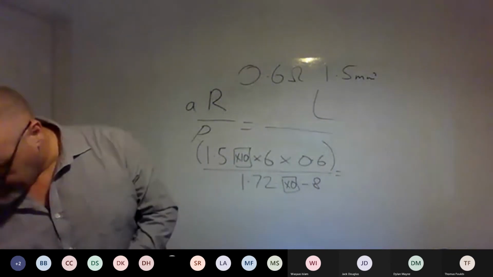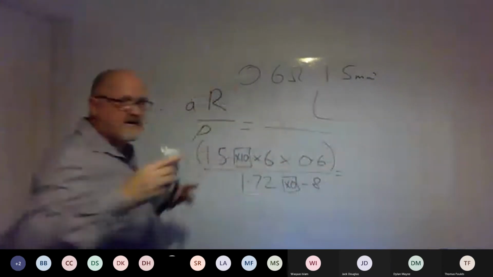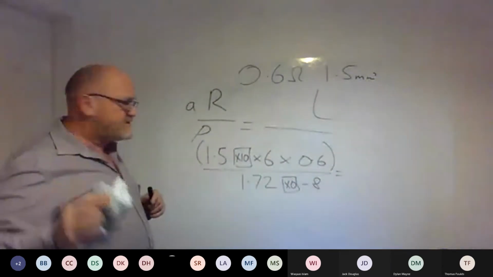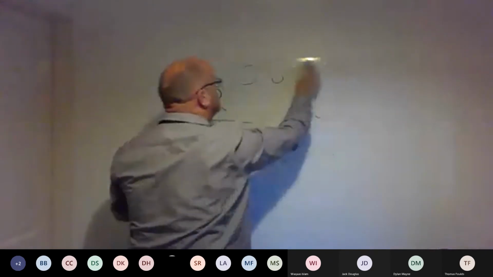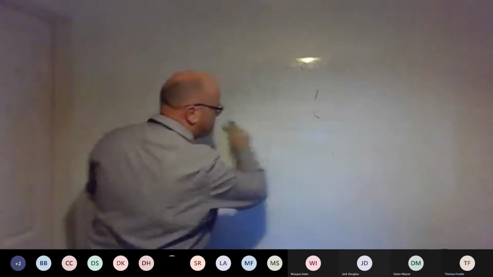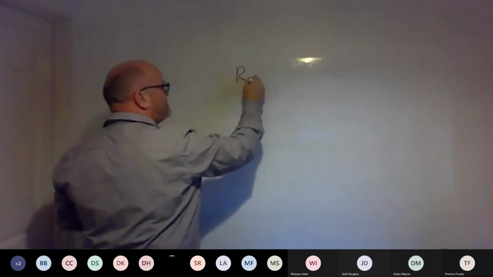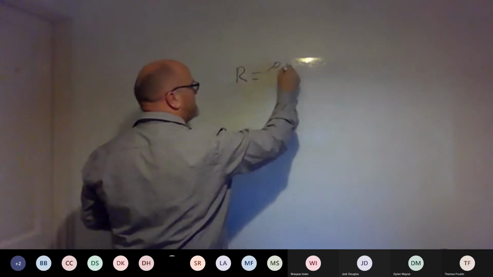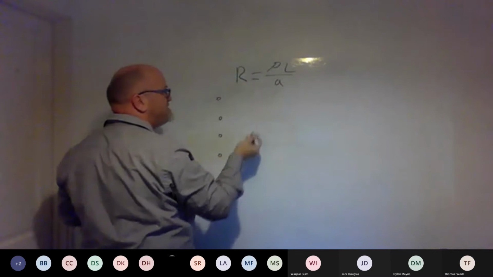Is that okay, guys? Yeah. Now, I'll be sending you some questions out later to have a go at, and I'll send you an example as well. So I'll rub that off a second. And again, hopefully, some of you will get this question where it says if resistivity equals rho times L over A, make A the subject.